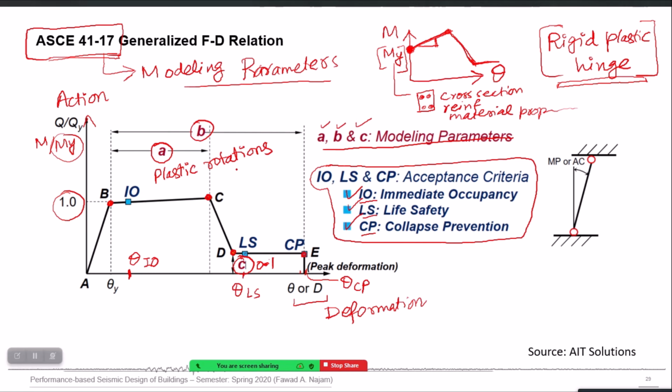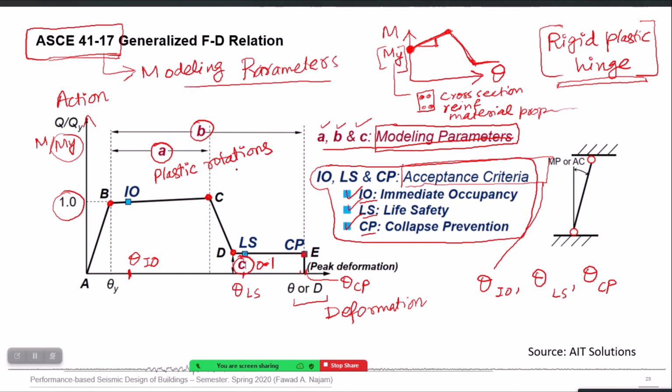So two things we just covered now: modeling parameters in ASCE 41 and the acceptance criteria. These are actually three numbers. In this particular example case of a beam, they will be theta IO, theta LS and theta CP, and you will see that theta IO will correspond to very low levels of nonlinearity, like just the yield point. Theta LS will be somewhere at a moderate level of nonlinearity.